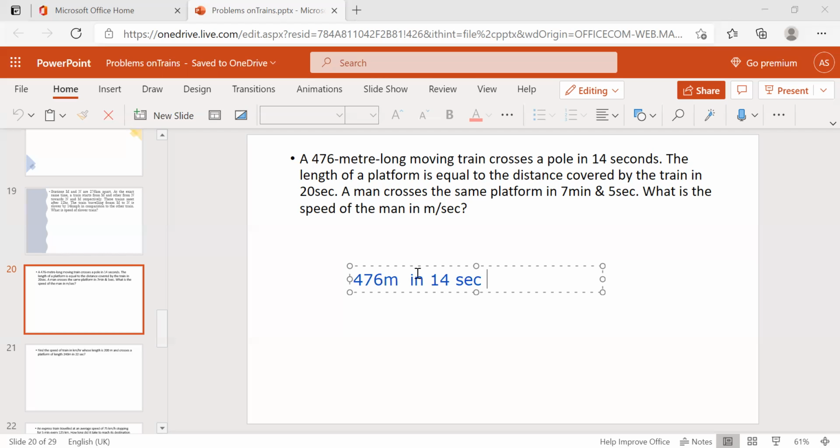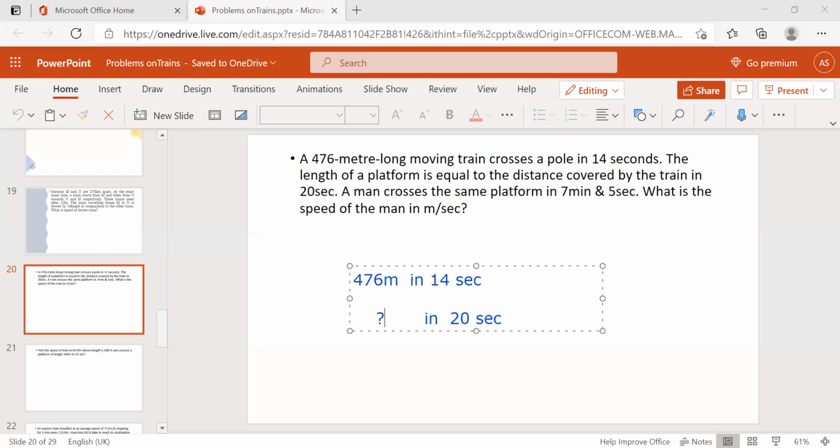And they are saying the platform length equals the distance covered by the train in 20 seconds. So in 20 seconds, how much distance will it cover? That is the platform distance here, right? So we know a simple thing: in 14 seconds, it traveled 476 meters. Now, in 20 seconds, how many meters?